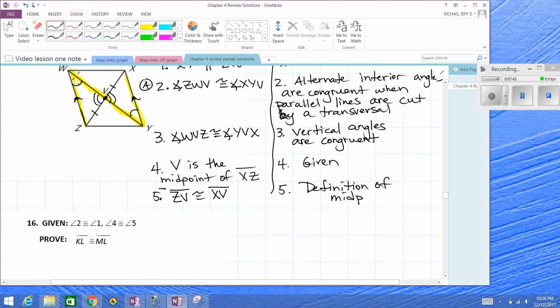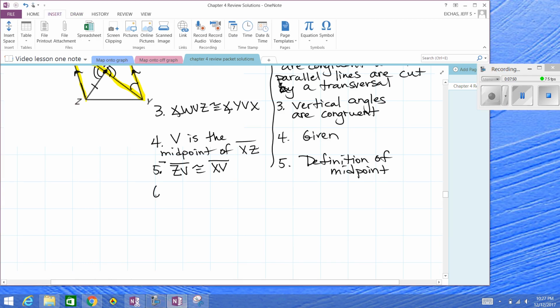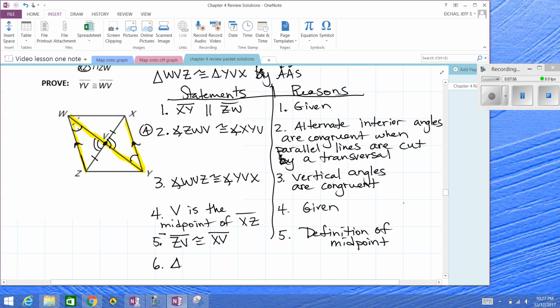All right, almost done. So now 6, the triangles are finally congruent. Let's see what those were. WVZ is going to be congruent to triangle YVX, and that is by angle side triangle congruence theorem.